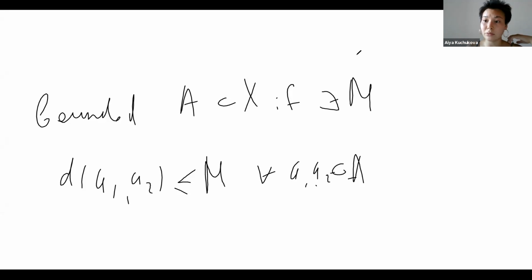You can see why bounded sets are nice, and you can learn more about it when doing analysis. So basically, metric topology has a lot to do with analysis.